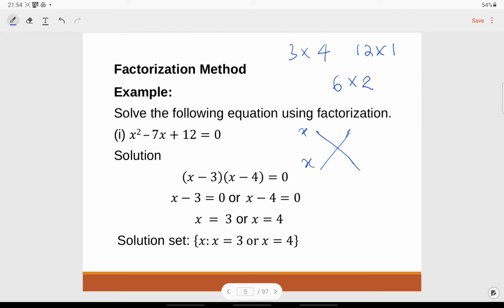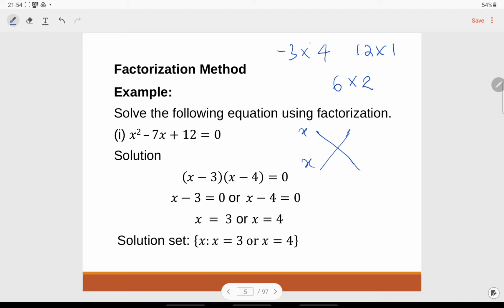So from among these three candidates, 3 and 4 are the best candidates to come out with 7. How do we get 7 and at the same time 12 as the product of these two numbers? It's very easy.